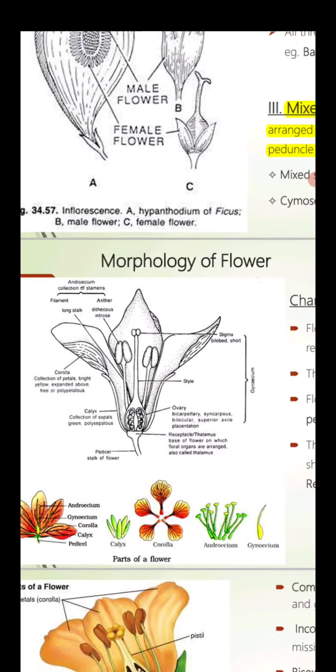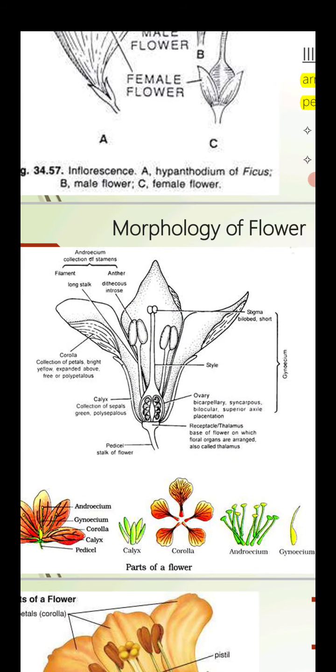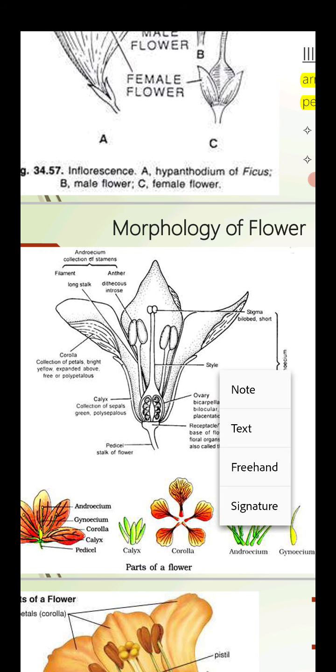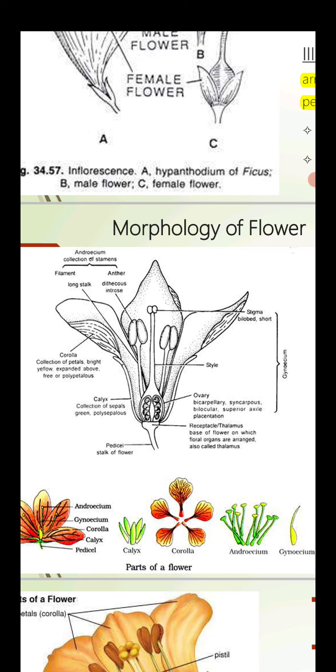Here the diagram depicts the style, stigma, calyx, pedicel, corolla, androecium and gynoecium. So one flower has a total of 4 parts: the calyx, corolla, androecium and the gynoecium. What's the meaning of the calyx?